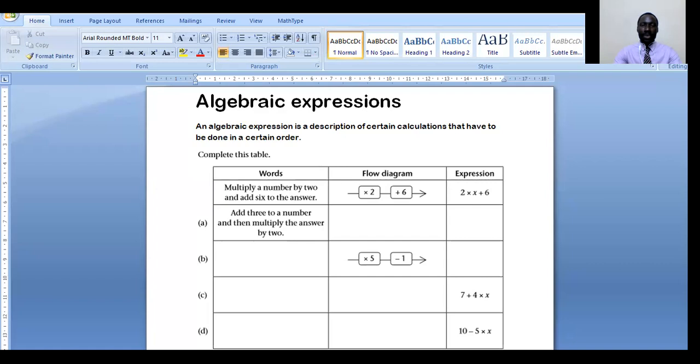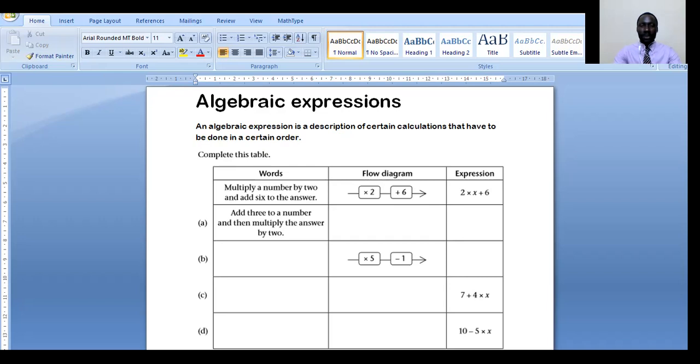So it's something that we basically deal with on a daily basis. You want to have something done, you know how to do it, and then you know that it follows this pattern. You first do this before you do that. Then after doing this, you do that.